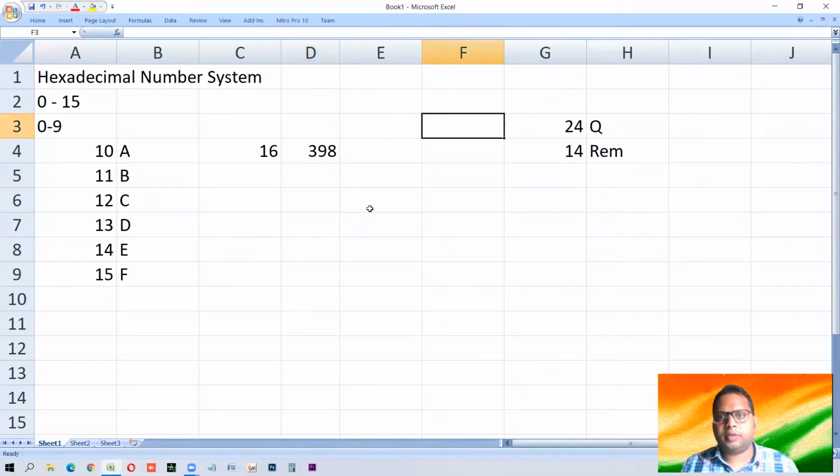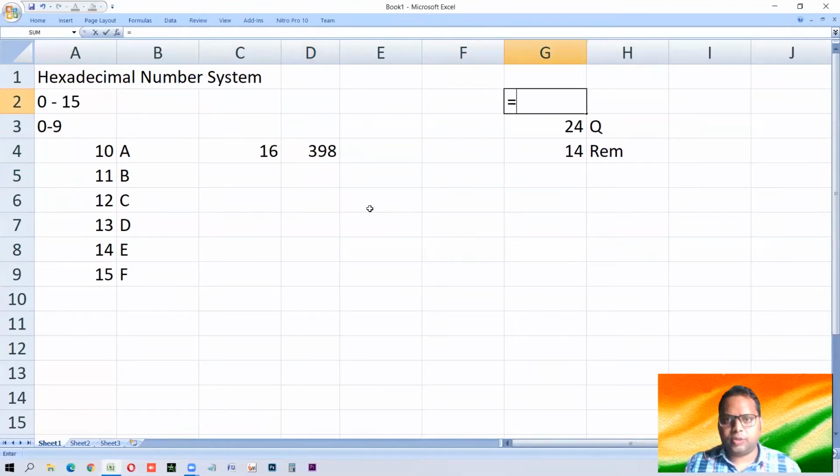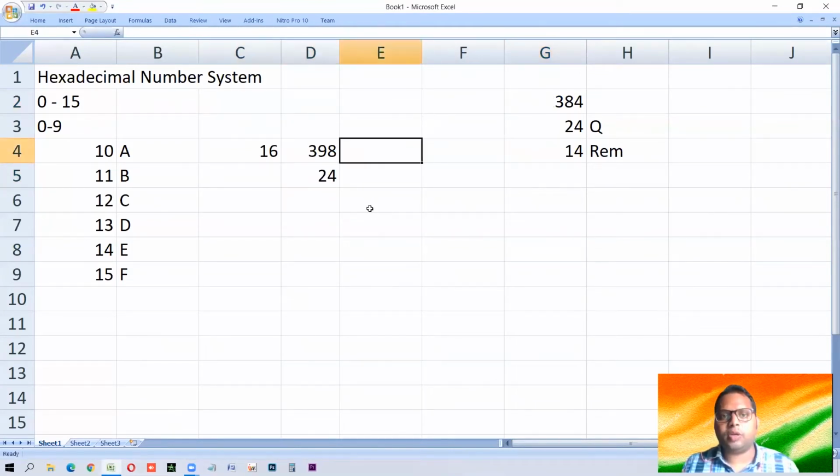So one more thing I'd like to show you: 24 into 16, what it makes, 384, where the remainder is 14. So this is how we need to write.